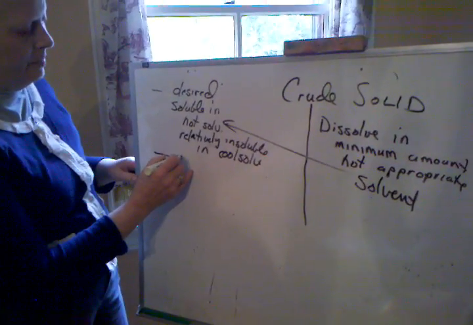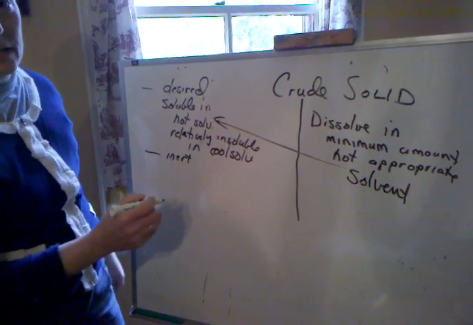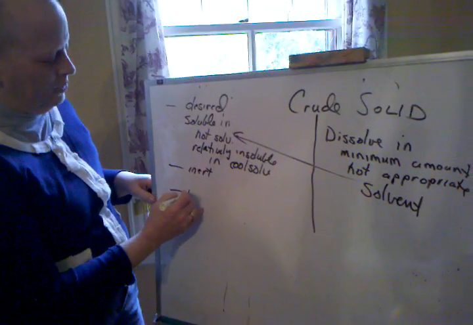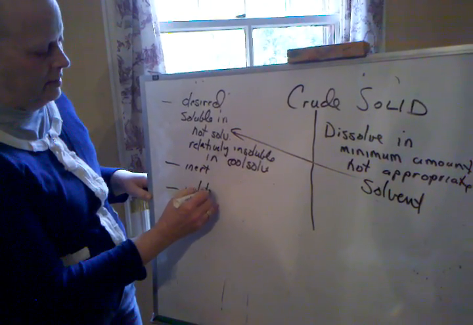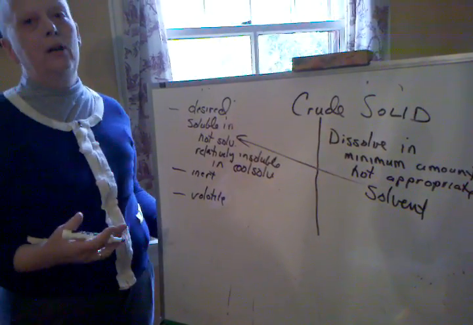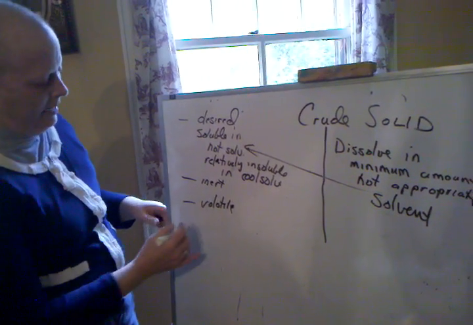You'd want this solvent to be relatively inert. I hope that makes sense. You don't want it to react with your compound. You'd want it to be relatively volatile because you'd want it to evaporate off the crystals. You'd want the crystals to dry.